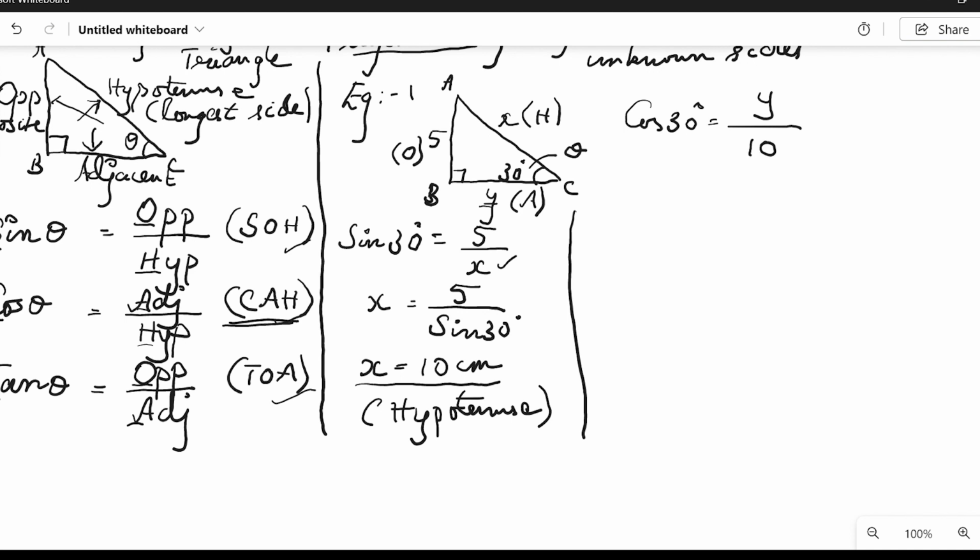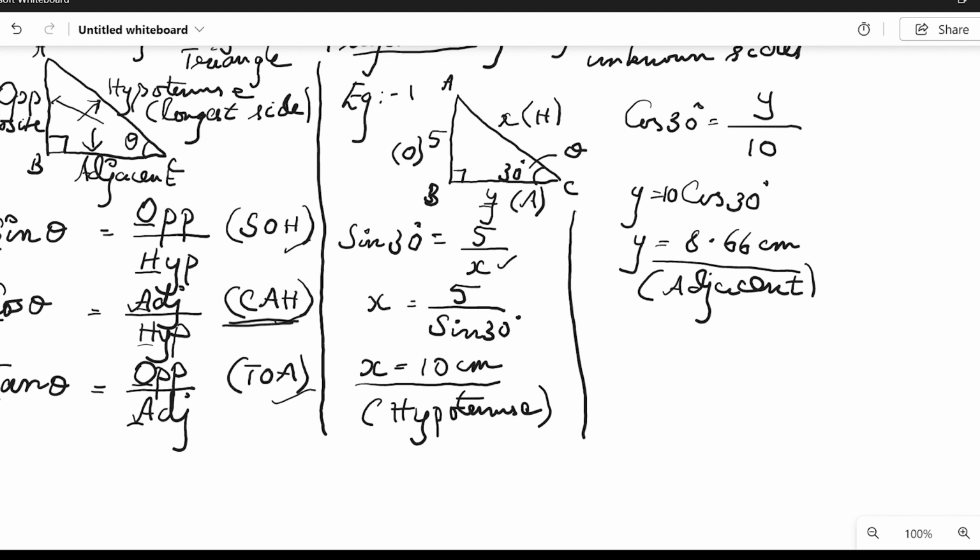Now I want the unknown variable which is in the numerator, so whenever you have something unknown, you do the cross multiplication and you get 10 times cos 30. If you check with the calculator, 10 times cos 30 gives you 8.66 centimeters. So I got my adjacent.